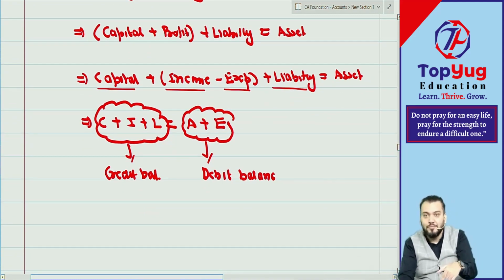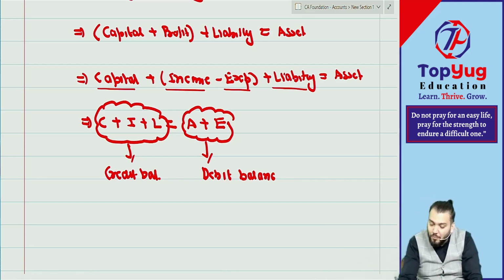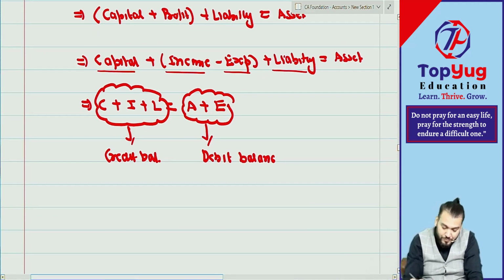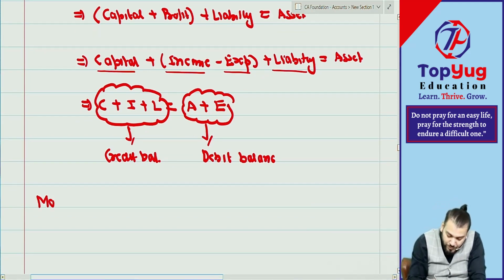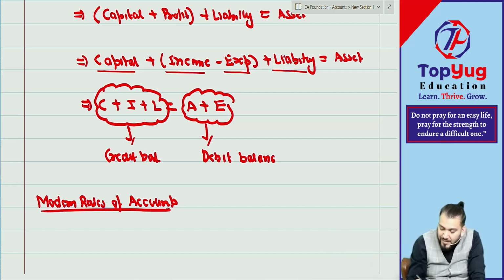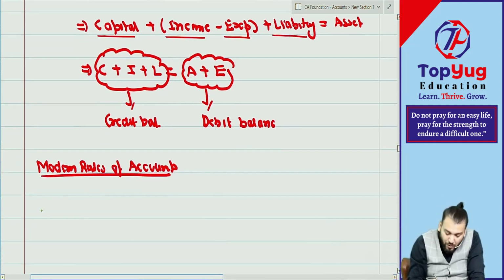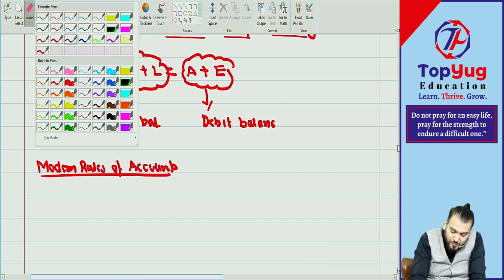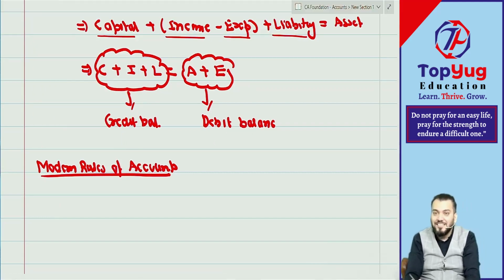Have you understood? From this we derive one rule. What is the modern rules? Modern rules of accounts. The rule is very simple. Can you say for asset and expense there is one rule, because both have debit balance?